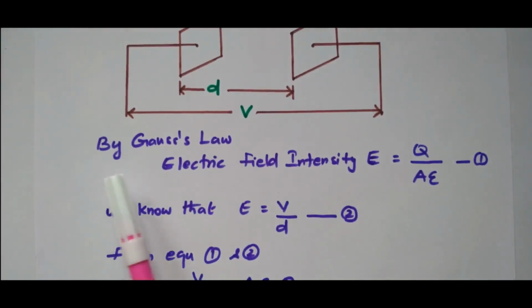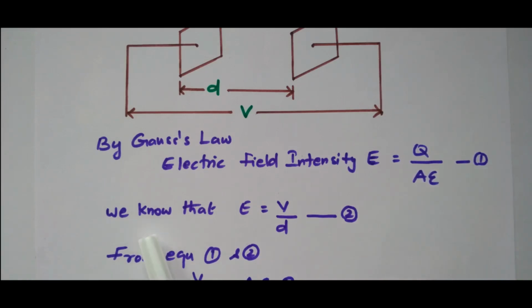Based on Gauss law, the electric field intensity is given as E equal to Q divided by A epsilon. That is Q divided by 4 pi epsilon r square. That 4 pi r square is taken as A, so it is Q divided by A epsilon. Take this as equation number 1.